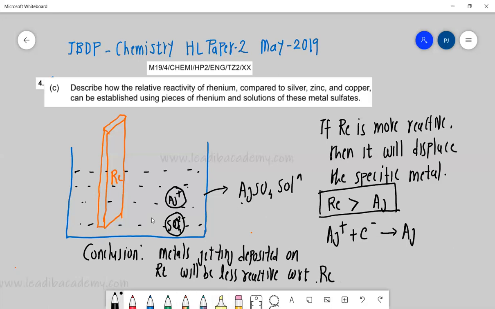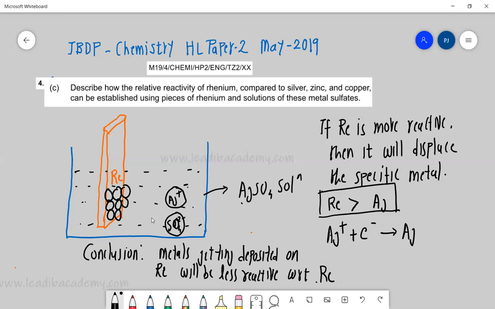So in short, for metals which are getting deposited, for example, assume that silver sulfate solution is there and silver ions are getting deposited on rhenium. They start getting deposited like this. It simply means that silver is less reactive as compared to rhenium. If they don't get deposited, that means they are more reactive as compared to rhenium.